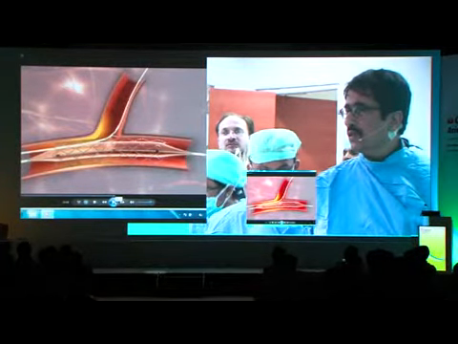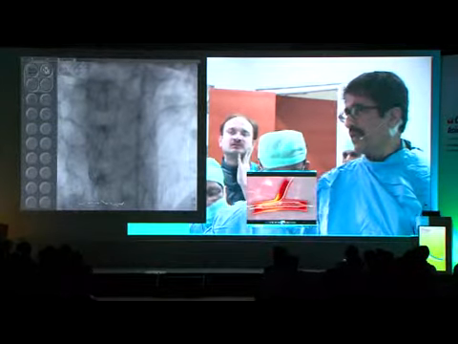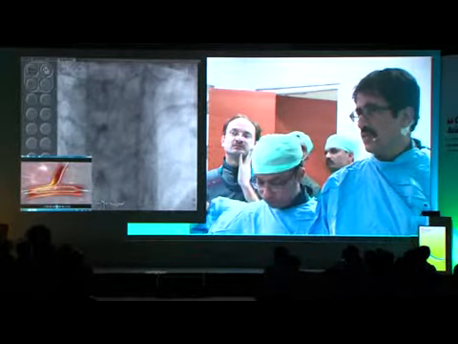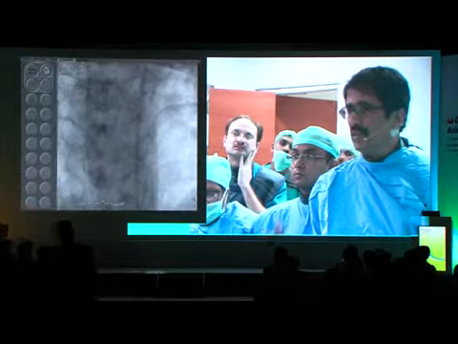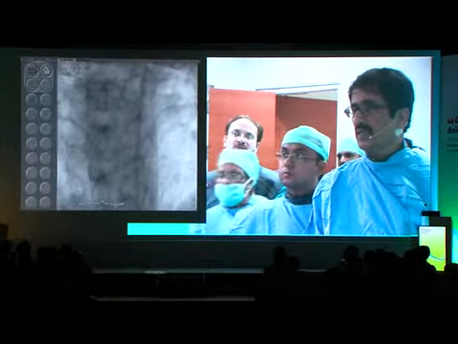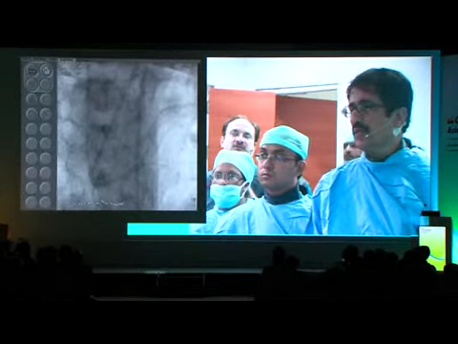There are 3 markers, and the 2 back are the side branch balloon, which we can advance. So the stent is between marker 1 and marker 3. Marker 1 to marker 2 is 8 millimeters, and in this particular stent, marker 2 to marker 3 is 10 millimeters.